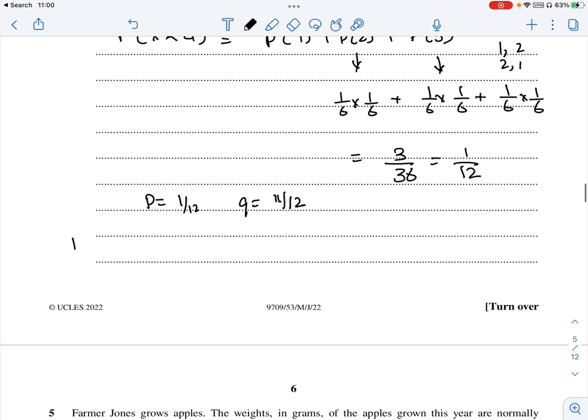Now I want at least 3 throws. At least 3 means 1 minus the probability of x equals 0 plus the probability of x equals 1 plus the probability of x equals 2.